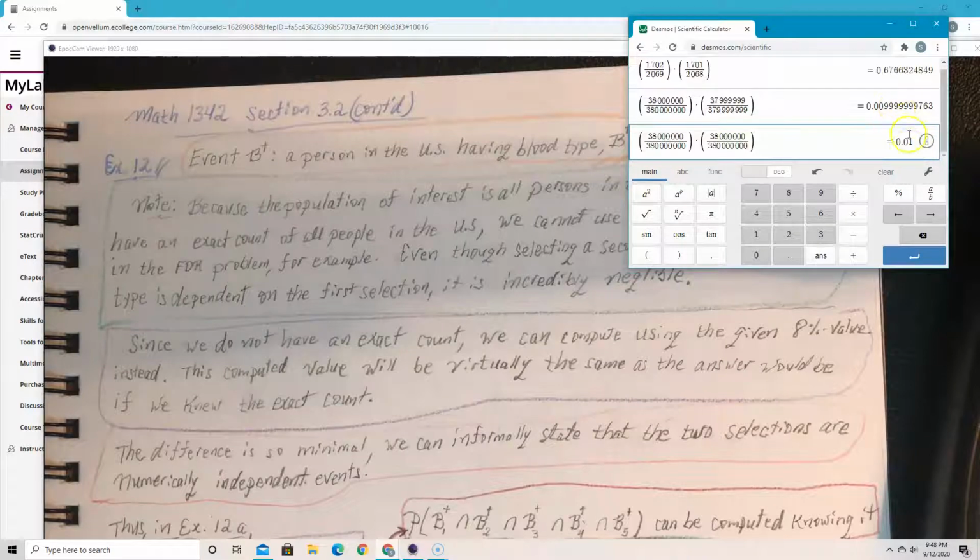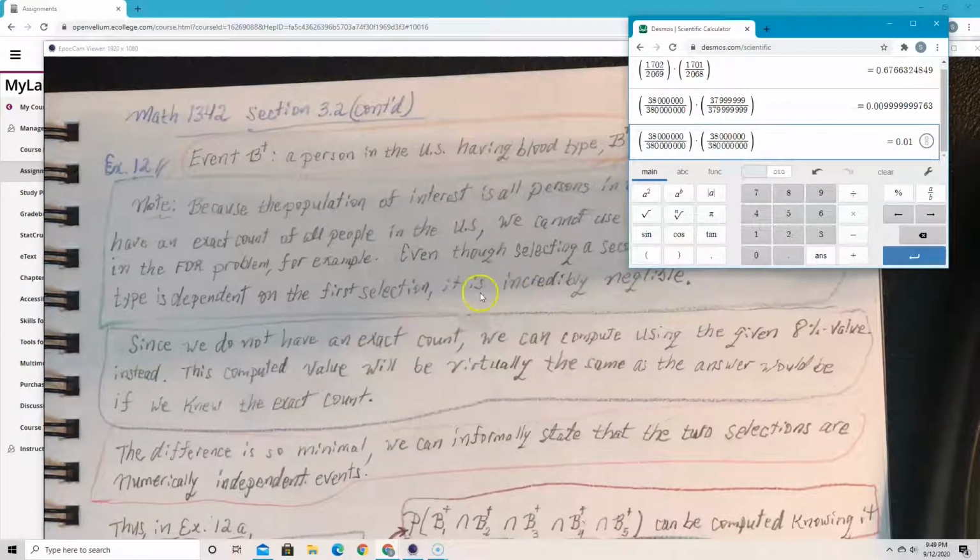So numerically speaking, they're virtually equal to each other, which means even though in a formal sense the chance that the second person has B positive blood is dependent on the first person, when these are out of so many people, the probabilities are virtually the same answer, whether you treat these as dependent or treat them as independent.